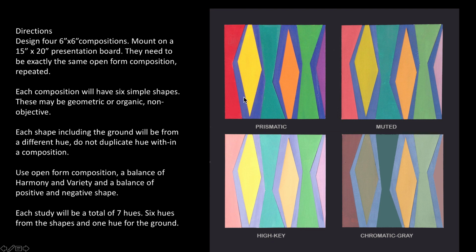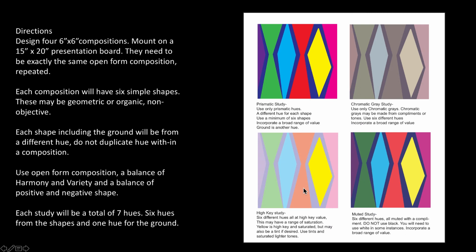So I've got one, two, three, four, five, six shapes, and then my ground is this blue. And then you can see how it changes. Here are all the same exact hues that have been now added about 10% of the complement, and then about 40% of the complement, and then these are all the same hues with white added to them, creating tints.